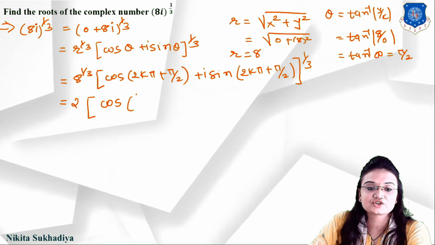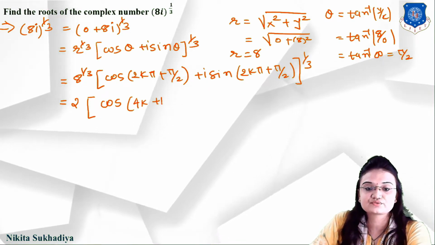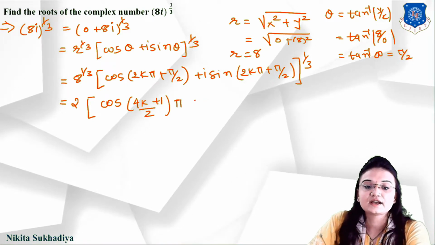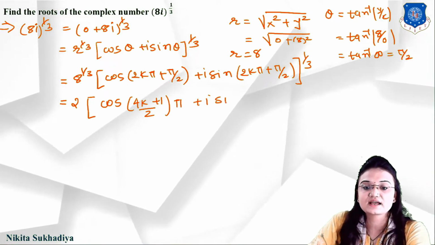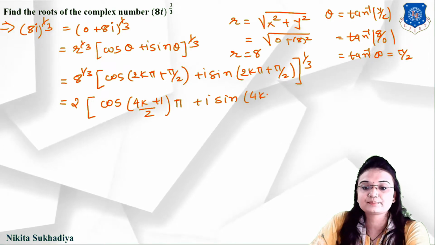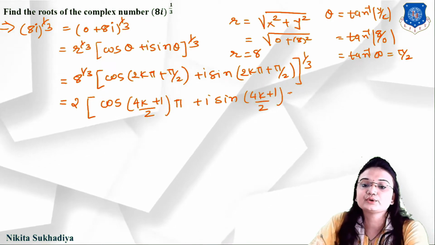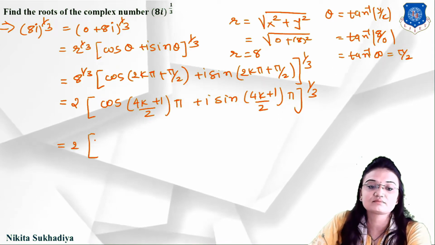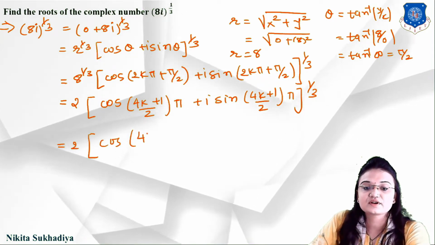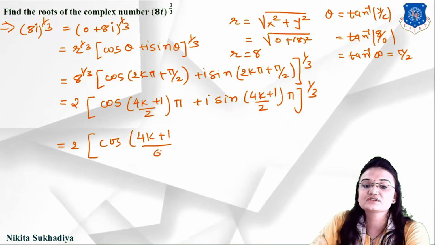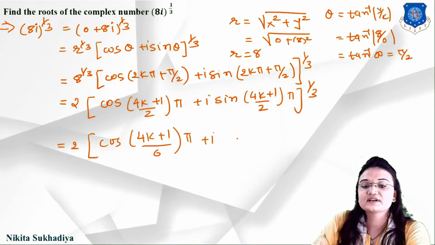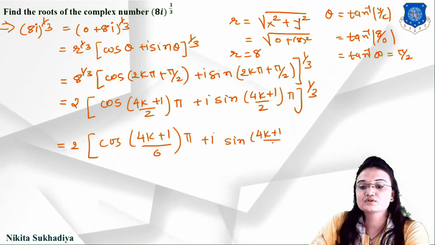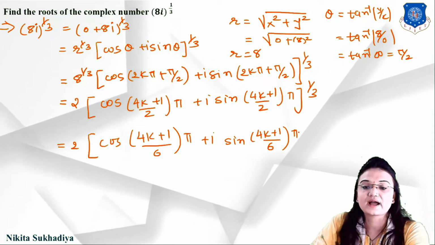Taking cross multiplication, this is (4k plus 1) by 2 into pi, and by using de Moivre's theorem this becomes cos ((4k plus 1) upon 6 into pi) plus i sin ((4k plus 1) upon 6 into pi).